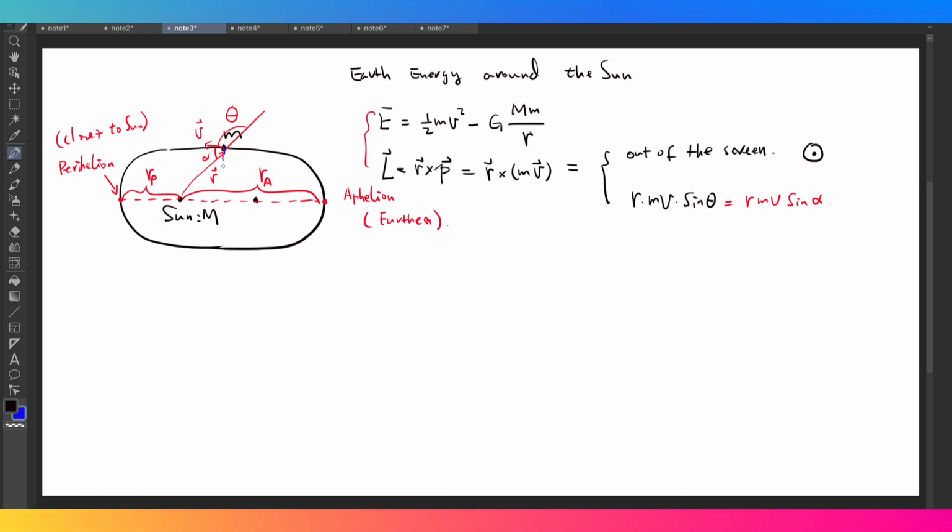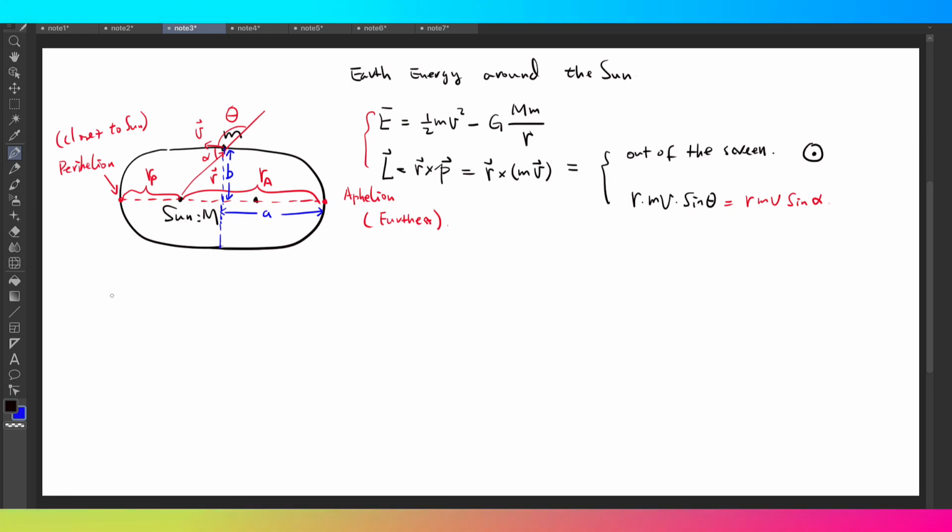Here is another dashed line, the minor axis, and the red line is the major axis. And then we have minor axis radius B, major axis radius A, semi-major axis length A, semi-minor axis length B.